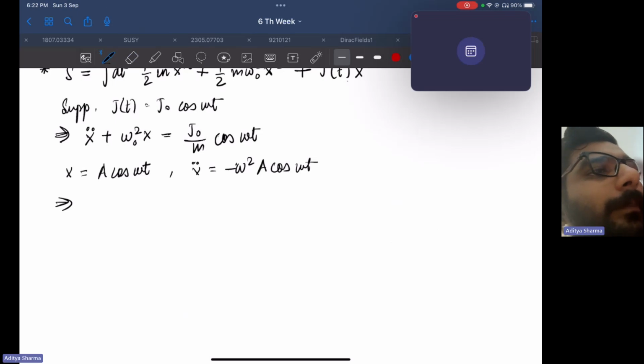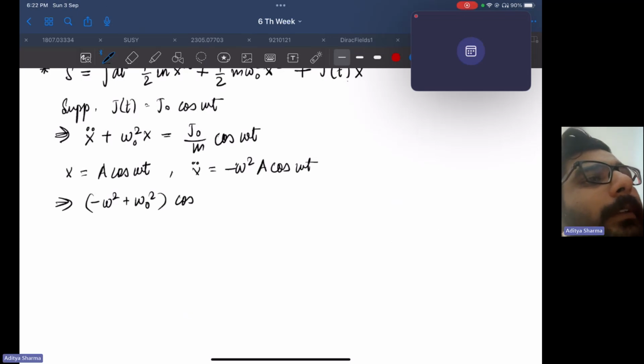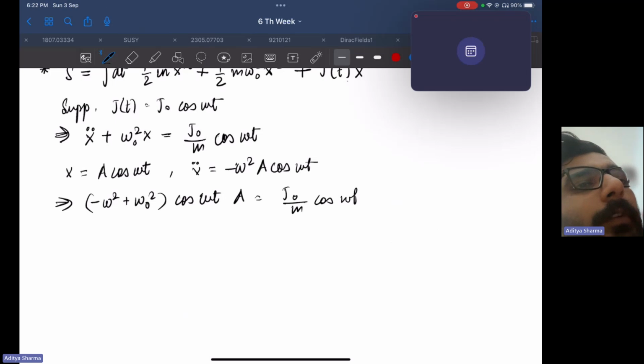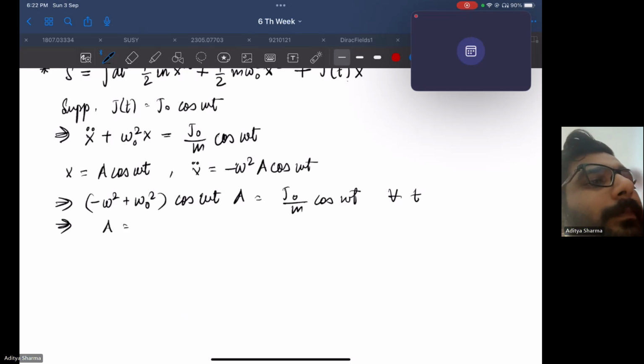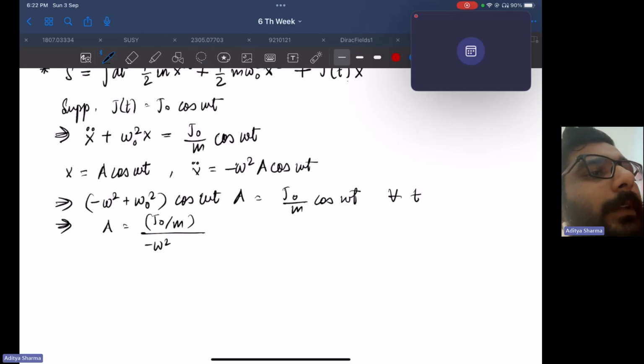Then we are going to write minus omega square plus omega naught square, cos omega t, times A is equal to J naught by m. Now this equation is true for all t, so choose omega t as 0 and you find A to be J naught by m times 1 over minus omega square plus omega naught square.